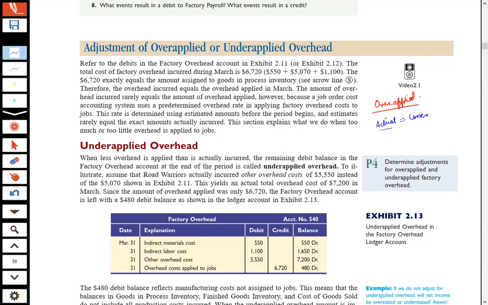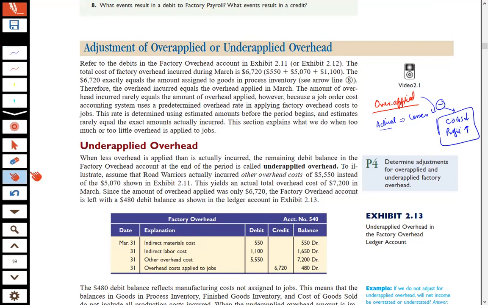So we have to subtract it or add it? We will subtract the difference. The difference will be adjusted in cost of goods sold. So we will subtract it, meaning our cost of goods sold will become lesser and our net profit will ultimately become greater. Good. Done.